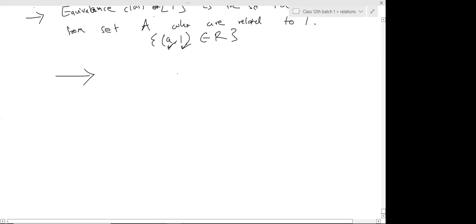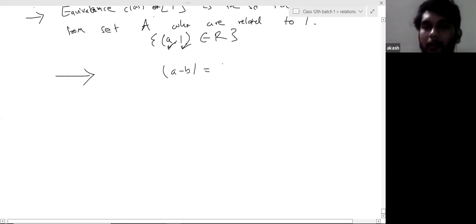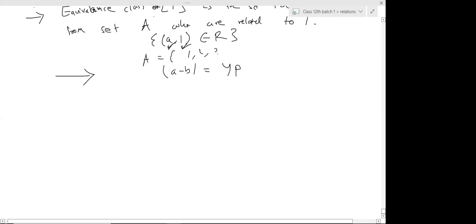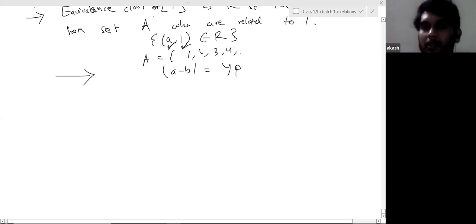So in this case, the condition was A minus B should be a multiple of 4. Can anyone tell me what set A was? What was set A? 1, 2, 3, 4, 5. Does it contain 6 or not? Let me check. Oh, this is till 12.